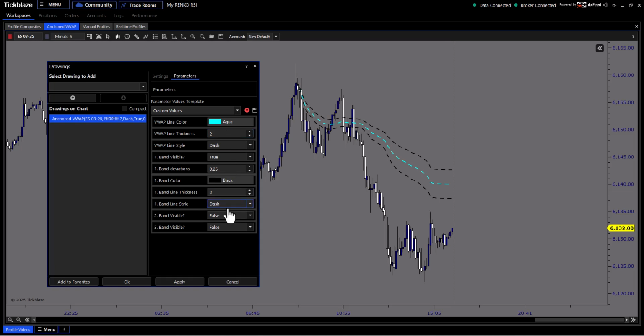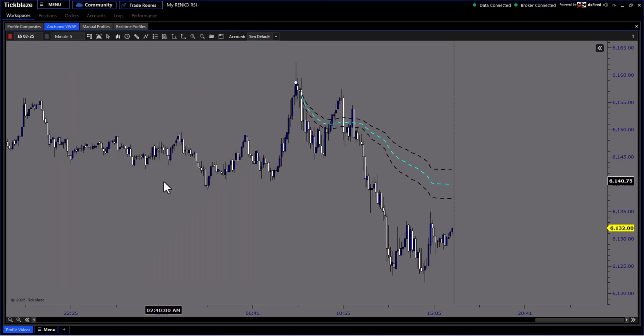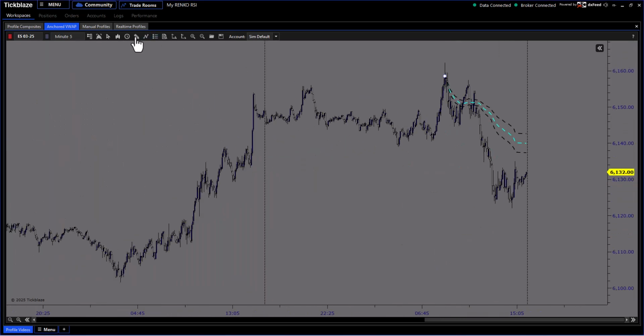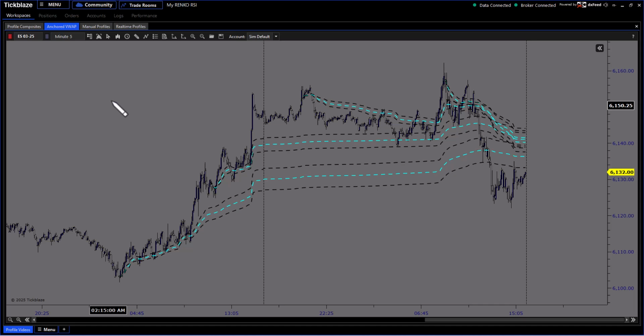Change all your colors. You can use the other bands if you want, but this is a specific strategy that we like to teach traders on how to trade trends using volume profile. Once you set all your settings, go into the settings and hit set as default. So whenever you apply it on your chart, here or there, it's all going to be the same colors.